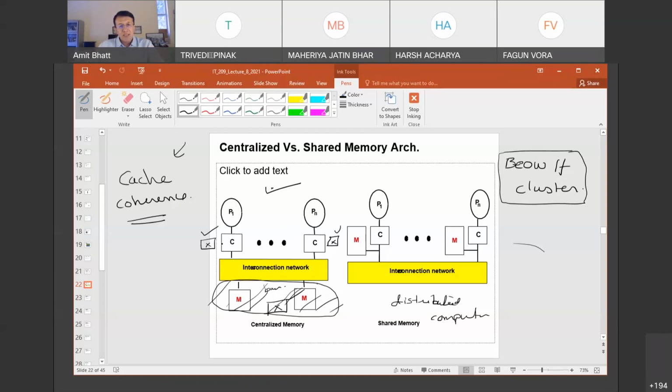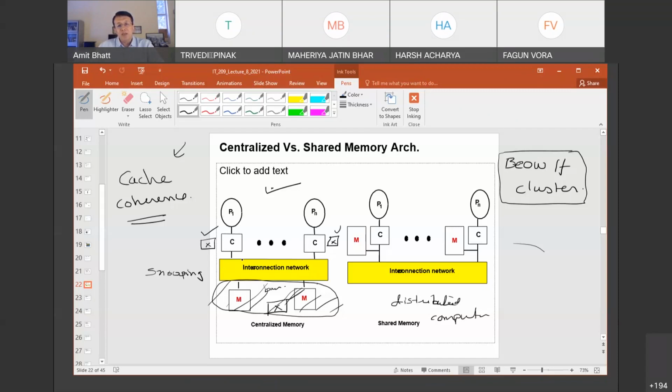So what it does is, as soon as the value here changes, it will do something over here and raise a flag, and we are going to study in this class what they are doing. This is known as the snooping protocol. Snooping means spying.